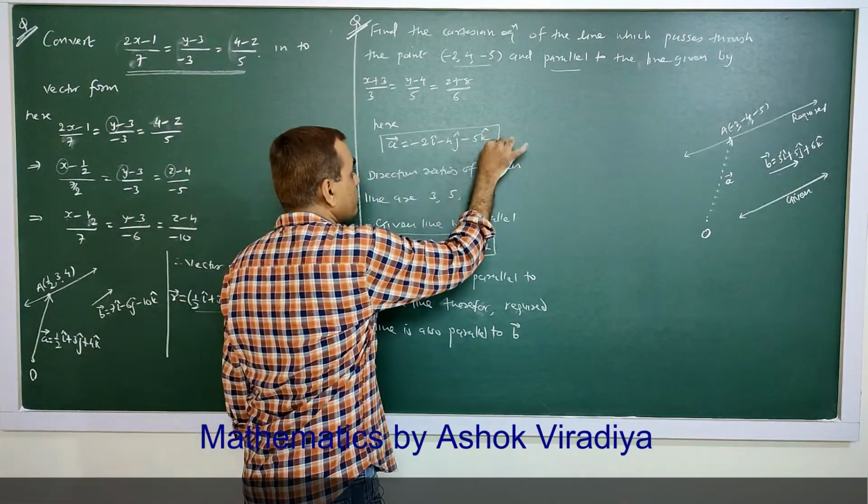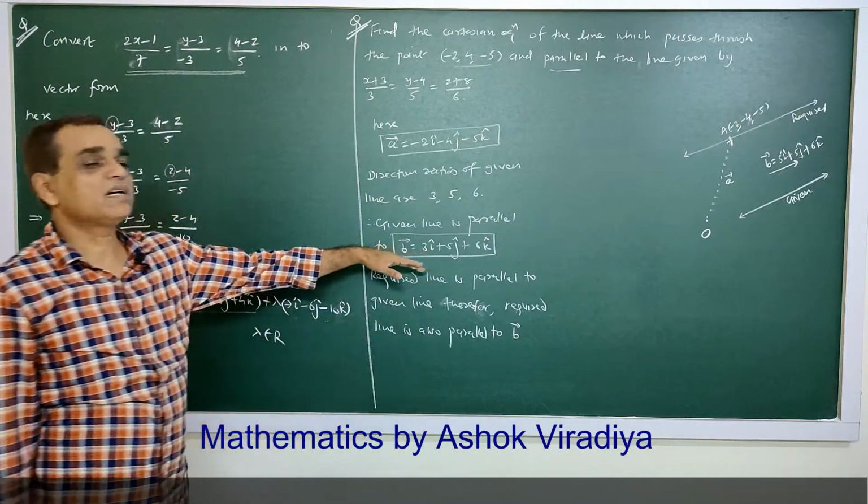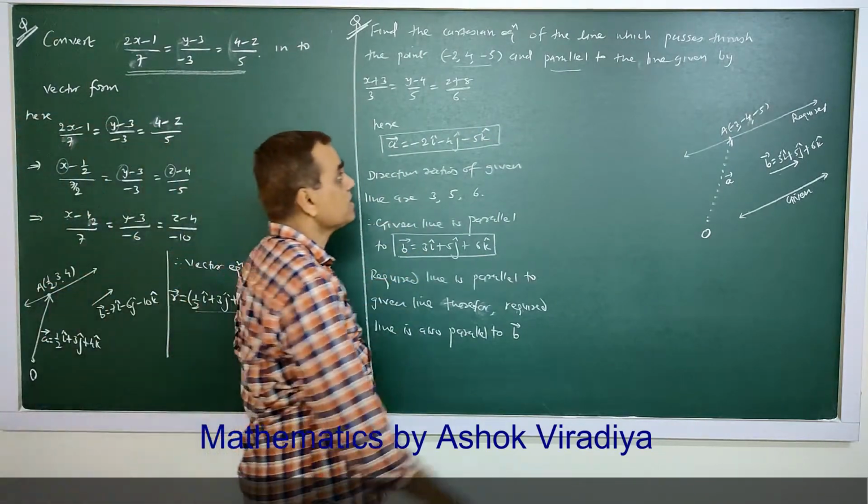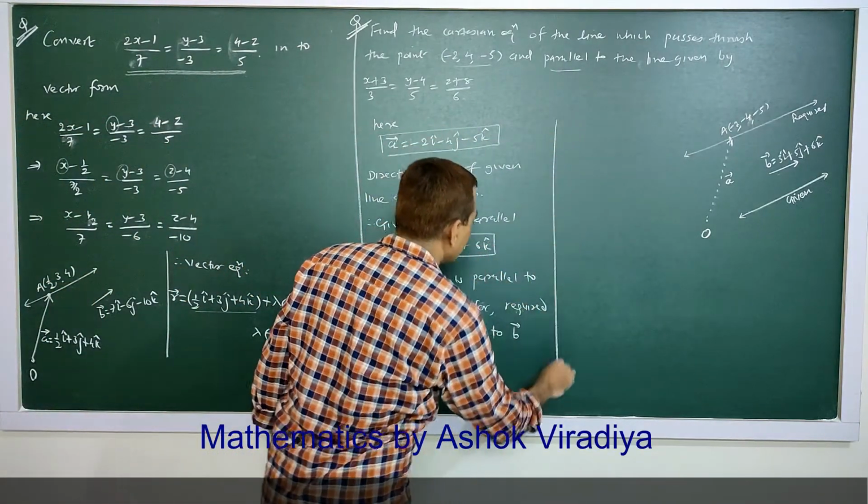So a point is given and we have a vector parallel to the required line, so we can find the equation of the required line.